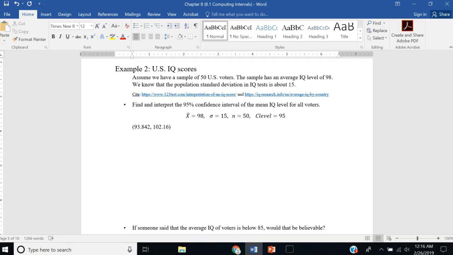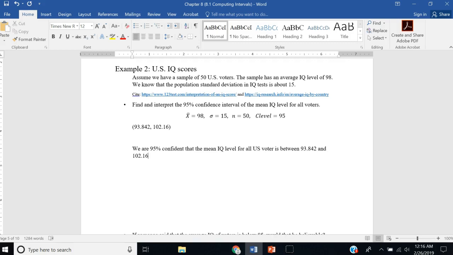Now, how would we interpret that? We would say we are, or I am, doesn't matter, 95% confident that the average or the mean IQ level for all US voters is between 93.842 and 102.16.